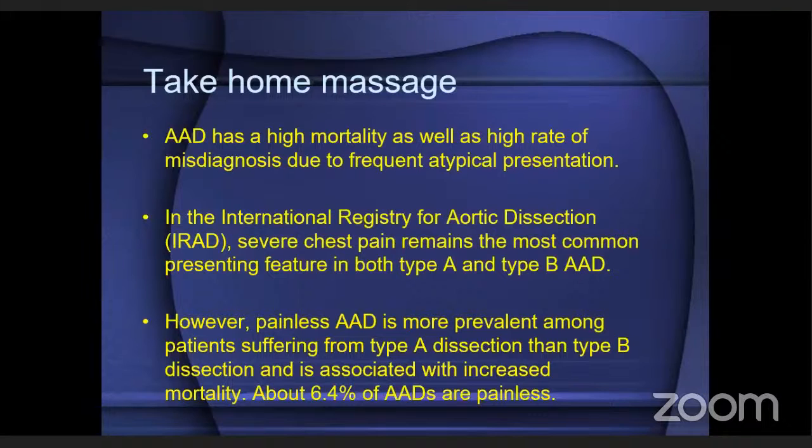Yes, but I believe if we detected the dissection flap far away from the coronaries, this can, in most cases, exclude the involvement of the coronary ostium. Of course, false lumen, of course. So another comment regarding the extent of the dissection flap using the transesophageal echo.